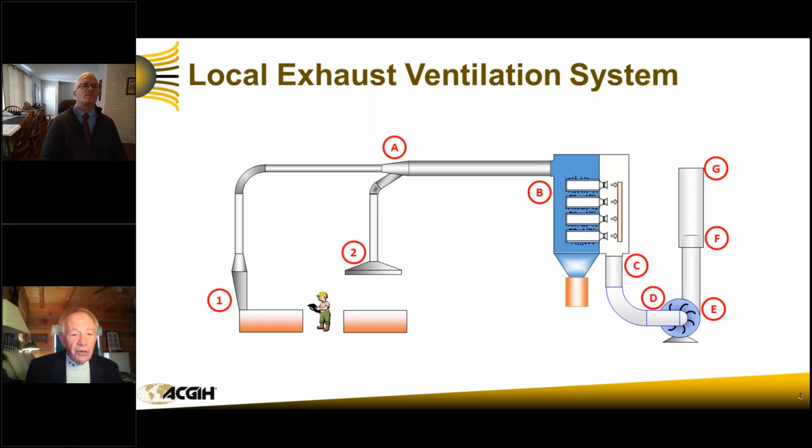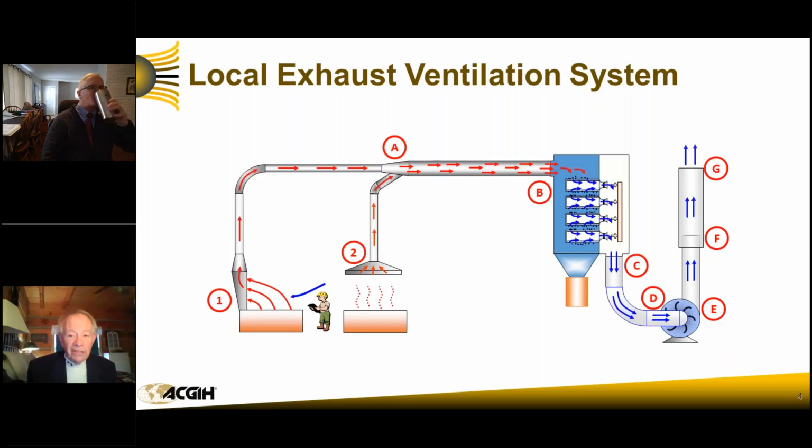Here's our local exhaust ventilation system. We've got two hoods. The two hoods are hood 1 and hood 2. And first, we'll start our fan, otherwise known as a motivator, or we'll call it a differential pressure generator. It's going to get a differential pressure across it, and it will induce a draft.